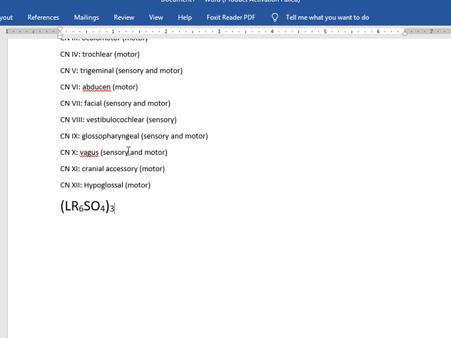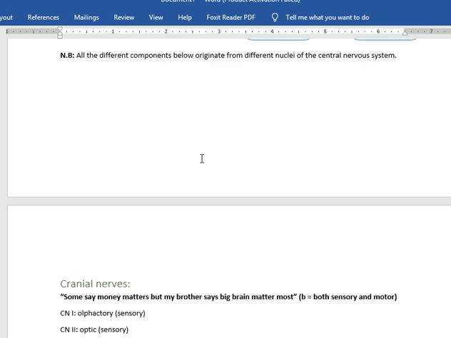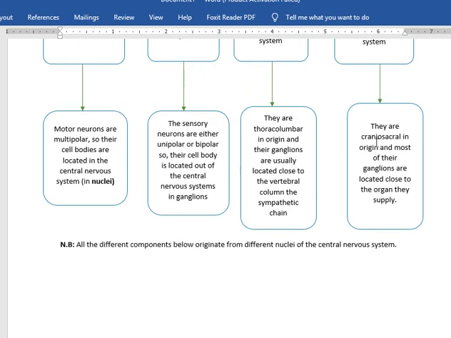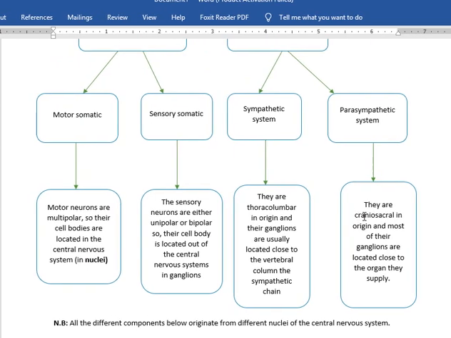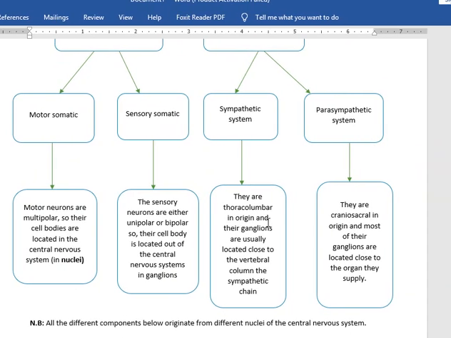The last nerve which has parasympathetic origin is the vagus nerve, and its parasympathetic origin is called the vagal nucleus. We need to know that the vagus nerve is actually a strong parasympathetic fiber because it moves across a great distance. We initially said that the parasympathetic has a craniosacral origin and the sympathetic has a thoracolumbar origin.